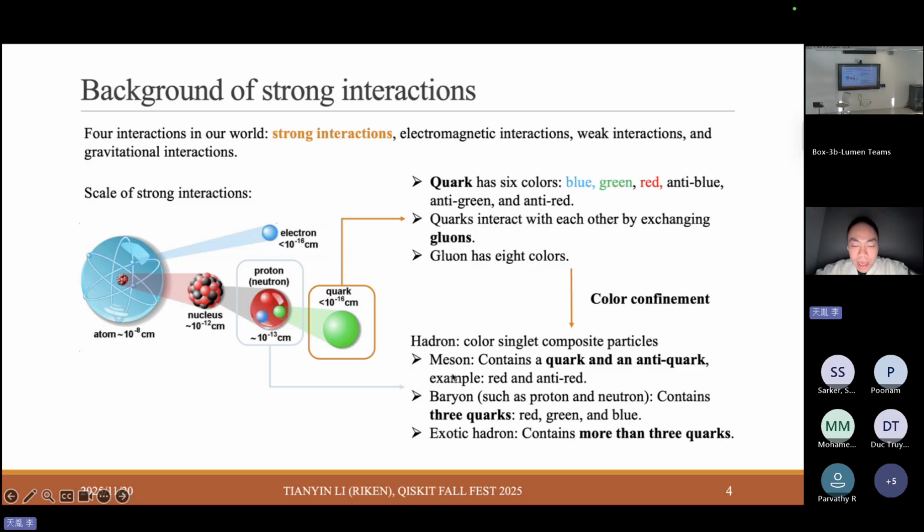And there are 3 kinds of hadrons. The simplest hadron is the meson, which contains a quark and an anti-quark. And there is also the baryon, which contains 3 quarks, and there are also exotic hadrons, which contain more than 3 quarks.